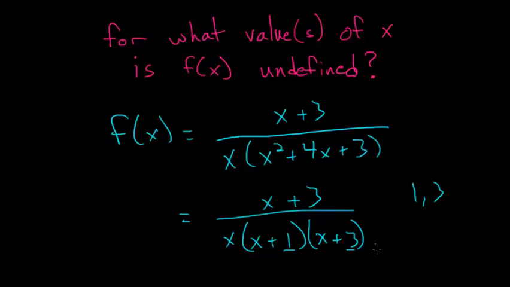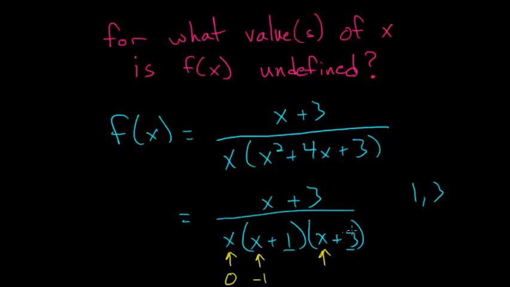So now we just need to figure out which x values would make the denominator equal to 0. In this case, since x is on the outside, if this were 0, then 0 times anything is 0. And inside this first parentheses, if x is negative 1, then this parentheses would be 0.